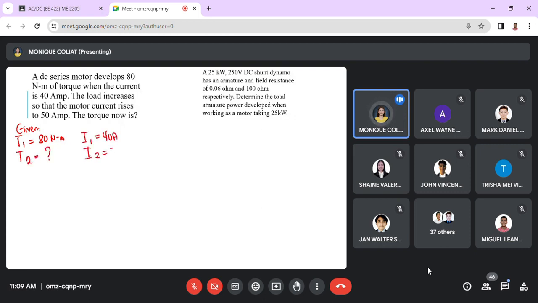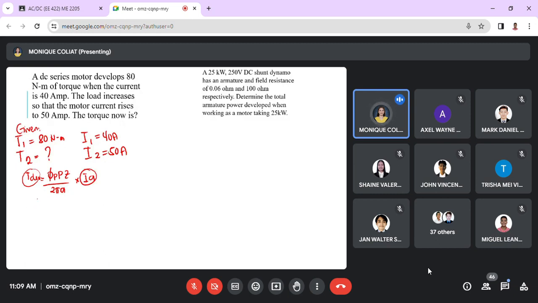Okay, when the problem is like this, you get the relationship between the given parameters. Where do you get it? From the formula. Which formula has torque and current? We have the formula T dev equals flux per pole Z over 2 pi A times IA, right? So we have torque and current here.